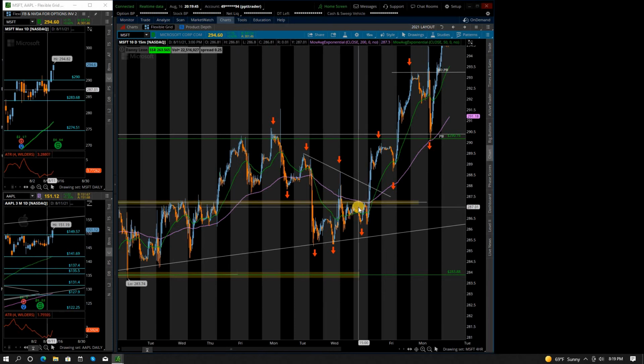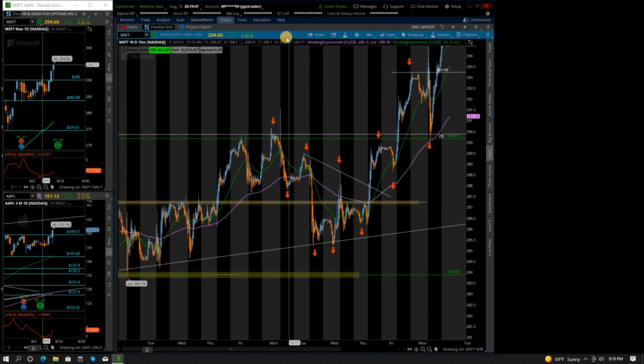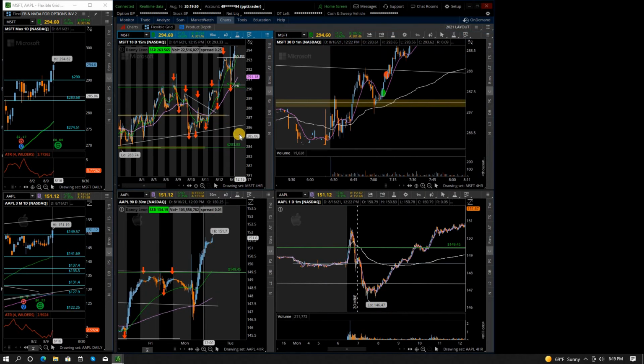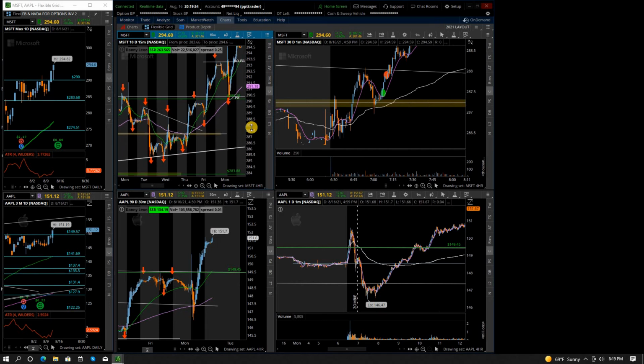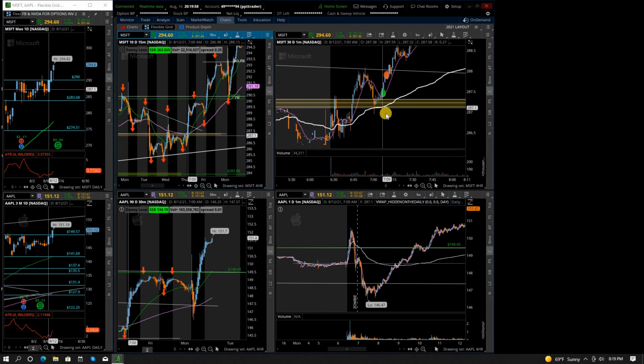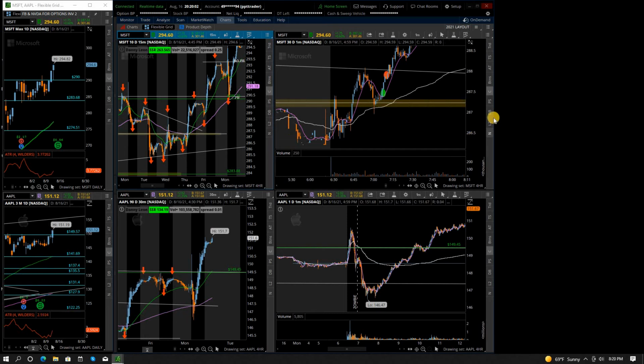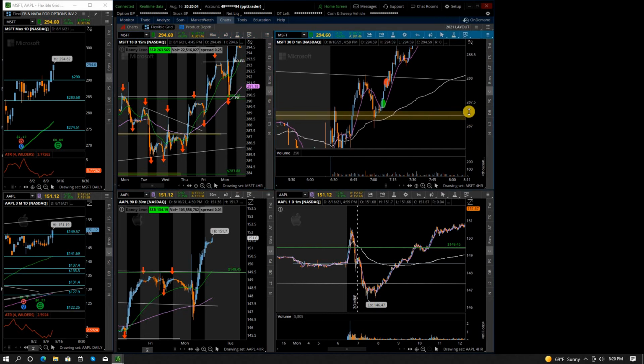So I want levels like that, not just 15-minute or 5-minute levels. Those work, but not for what I want. Just based on my back testing, these levels work better. So this here was an A plus setup.